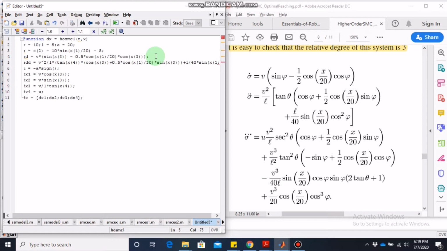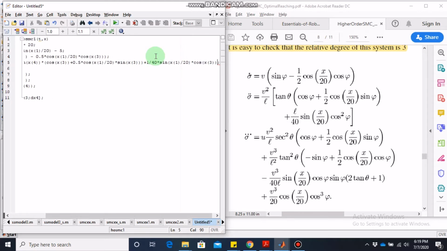So you have to be very careful while writing these codes, because you can easily make some typos or errors. So x1 by 20 is sine of x1 by 20 times cos of x3 whole square, and then we close the bracket off.